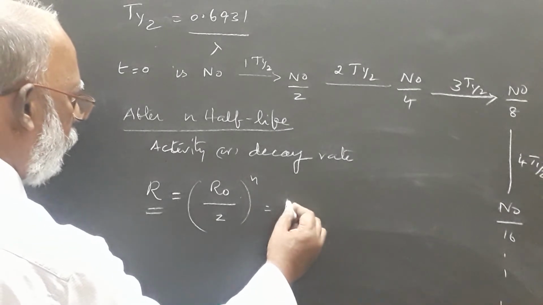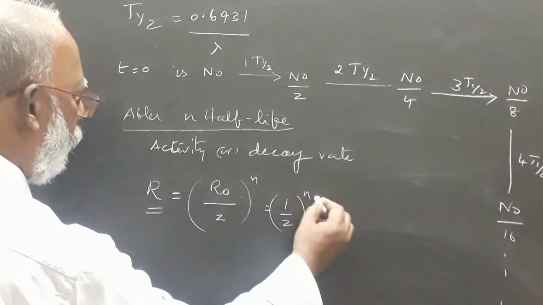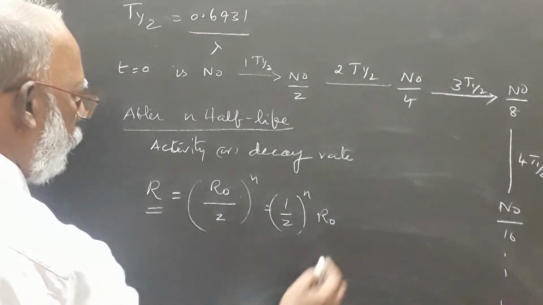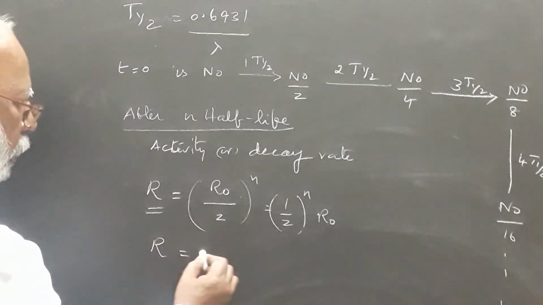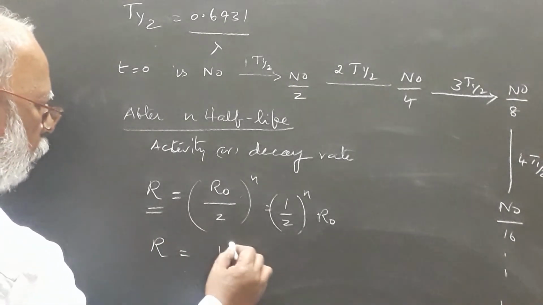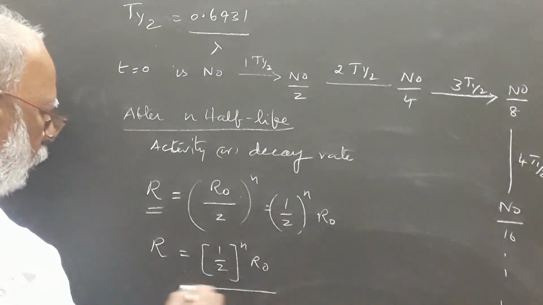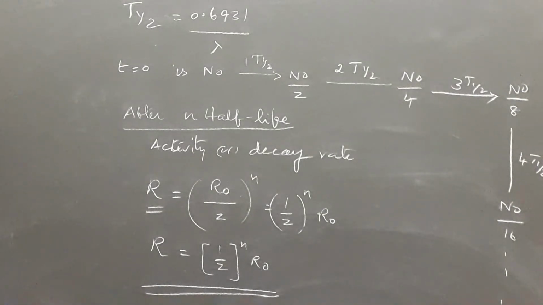Here R naught is constant, therefore R equals R naught into 1 by 2 to the power n. This is the famous activity equation, 1 by 2 whole power n times R naught, after n half-lives.